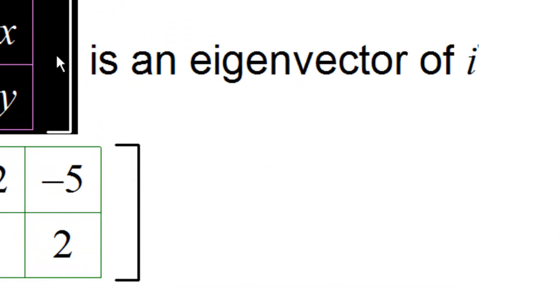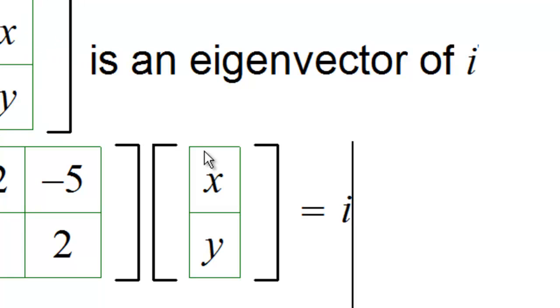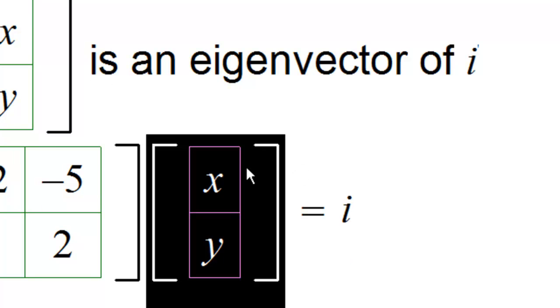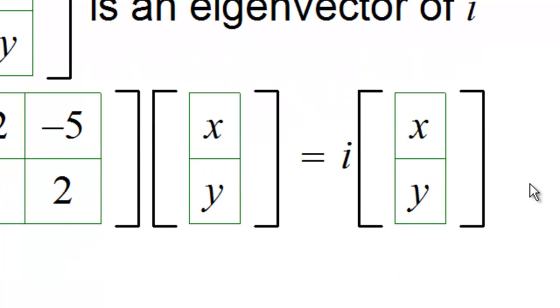We get the following. This has to equal i times the same thing, right? Am I clear? Okay. Is it making sense? Good. So very good. So what we have then is this.